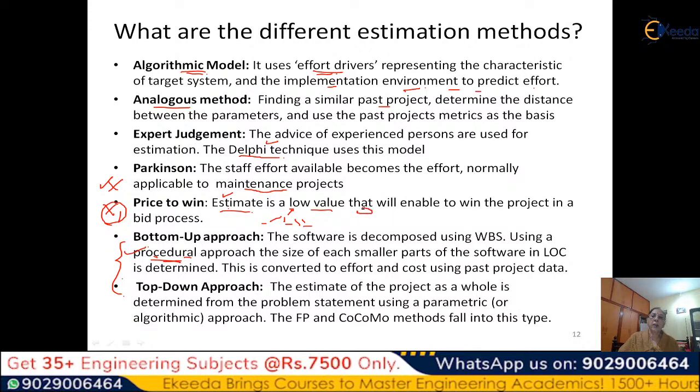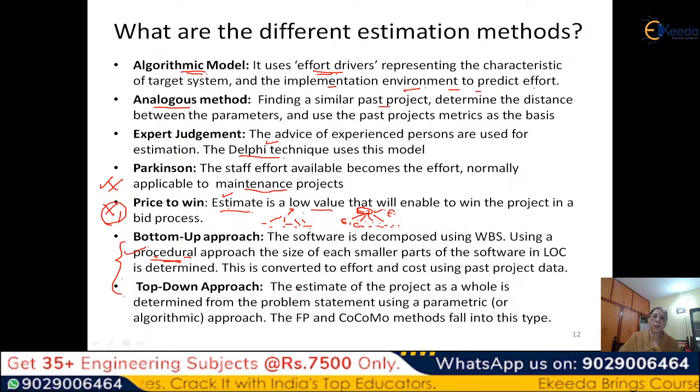You determine the estimate for that, and once you have it, you distribute it into smaller components, E1, E2, E3, like that. If you have 20 components, then you will have 20 such estimates. So here you are summing up from the bottom. Here you are starting at the top and distributing it.